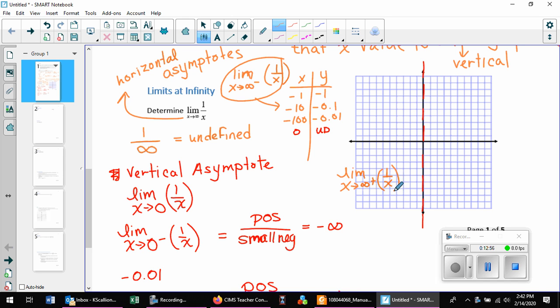Okay, so if we do 1, 10, and 100, we're going to have 1, 0.1, 0.001. Where are we headed to? We're headed to 0, right? So we know that our horizontal asymptote is going to be at 0.